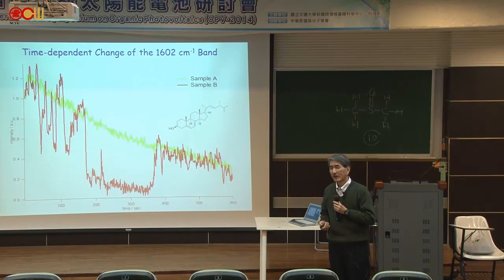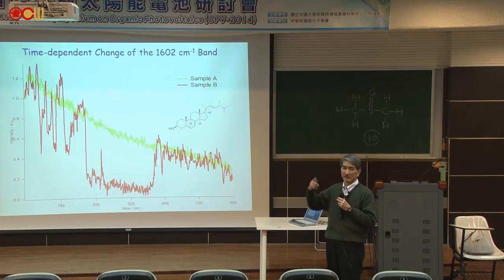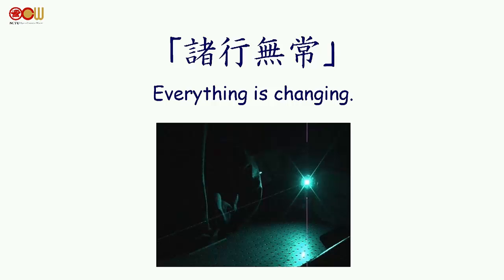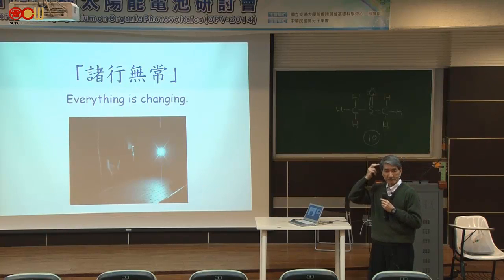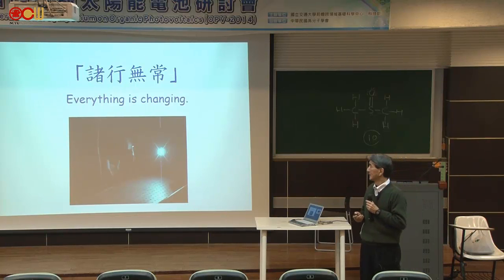So I think one key thing in nature is fluctuation. And I come to this one. Probably this is Chinese, and everything is changing. And Japanese people are especially fond of this kind of concept. You know, nothing can last forever, always fluctuating.